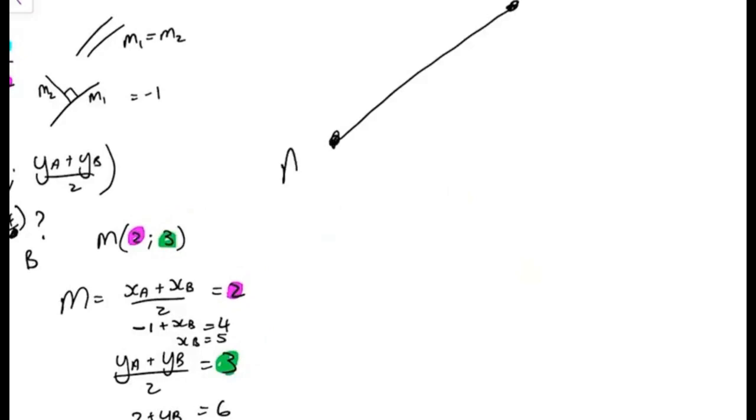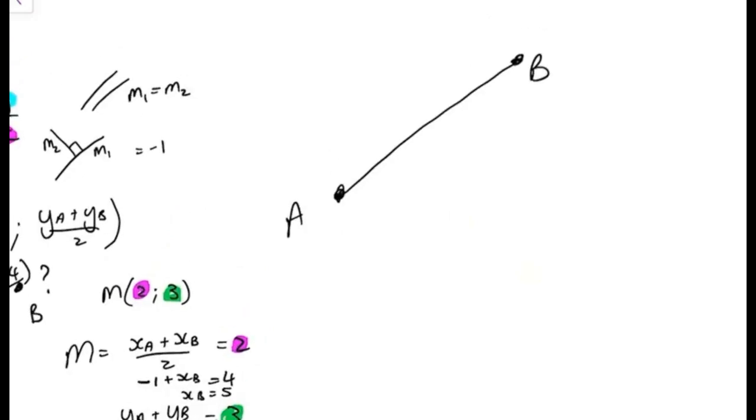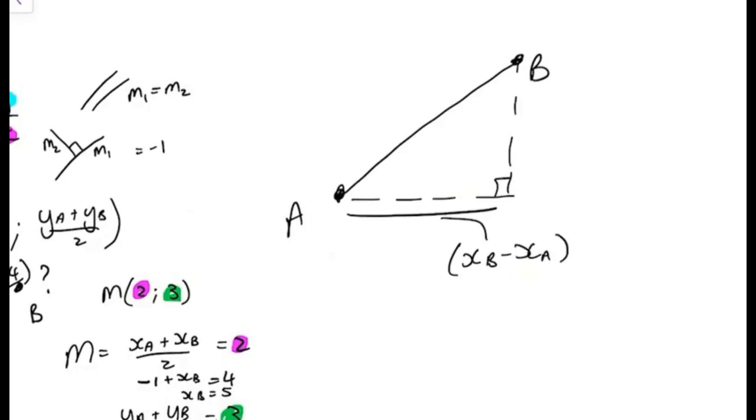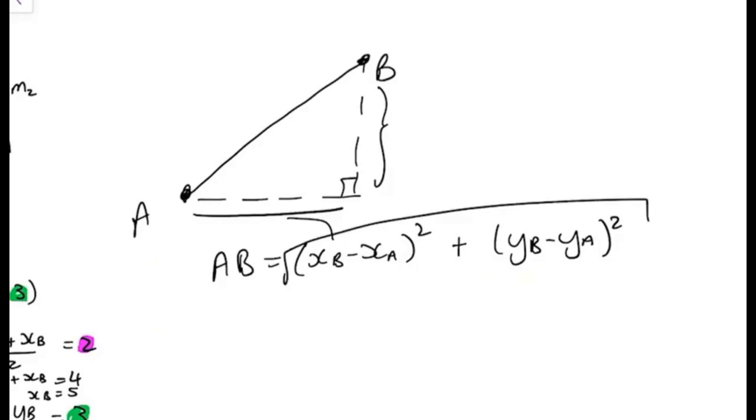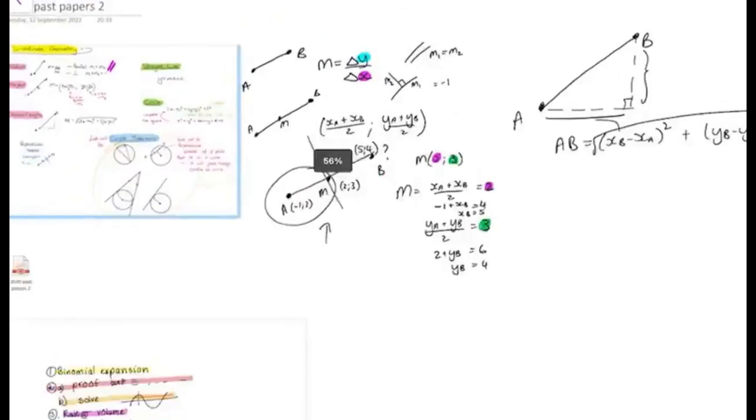So A and B. Okay, and what we want to do, it's pretty much the same as Pythagoras, so we just say our x of B minus our x of A, so that's going to give us that length over there, squared, plus my y of B minus my y of A, that's going to give me that length, squared is equal to AB squared. And then I just root it. Okay. So that's how you find the length.